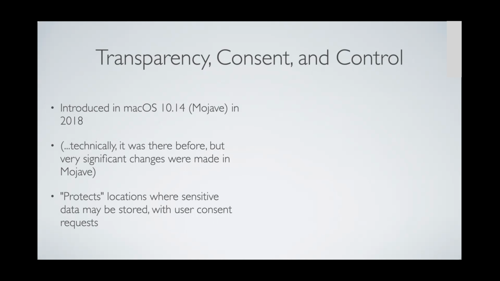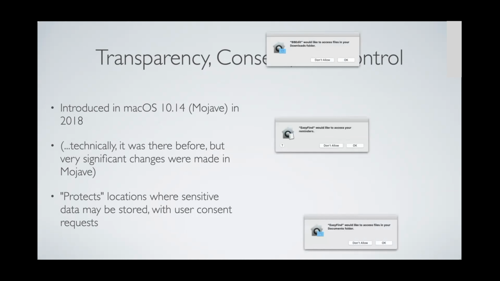And the basic idea here is that it protects locations where sensitive data might be stored, like your documents folder, your photos folder, your calendar data or your mail data. Protects all of those locations. And if an app wants to access any of that data, it has to get user consent. And macOS enforces that. And so when you see that, it kind of looks a little bit like this.